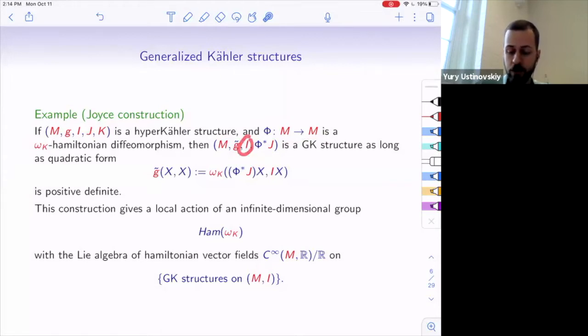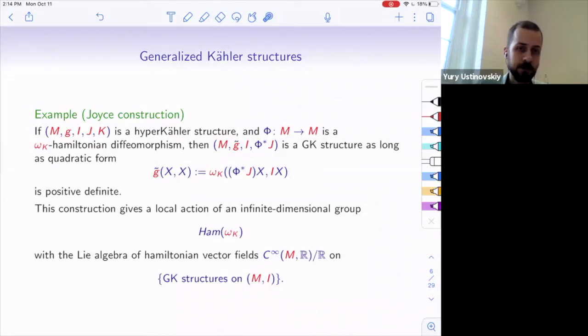And you can keep your first complex structure I, you can pull back the second complex structure J, and there is a way to appropriately modify your Riemannian metric G. Specifically, you do it by considering this quadratic form.